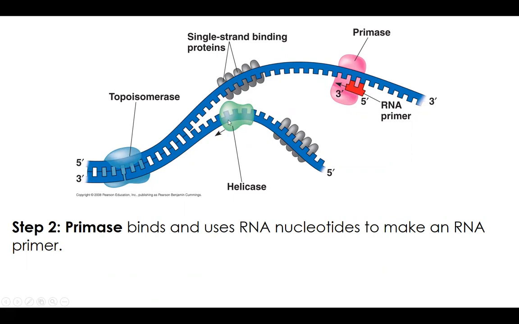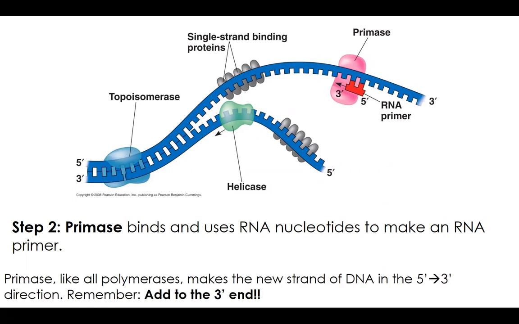It's not like I'm going to do it one click at a time. It's like unzip. And as it's being unzipped, topoisomerase is working ahead, making sure that this doesn't become too torqued out. Single-stranded binding proteins are there as long as there is no new daughter strand. This is single-stranded. And as this opens up, our RNA primer is added, and we are now ready for the situation.